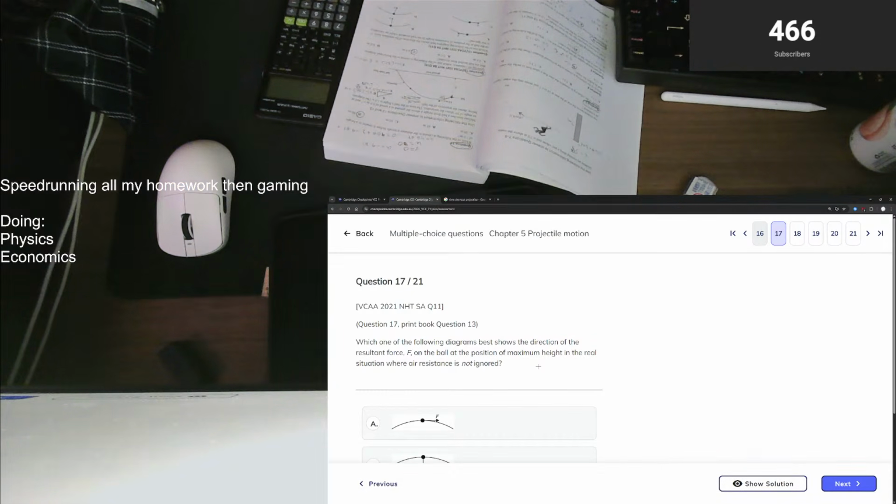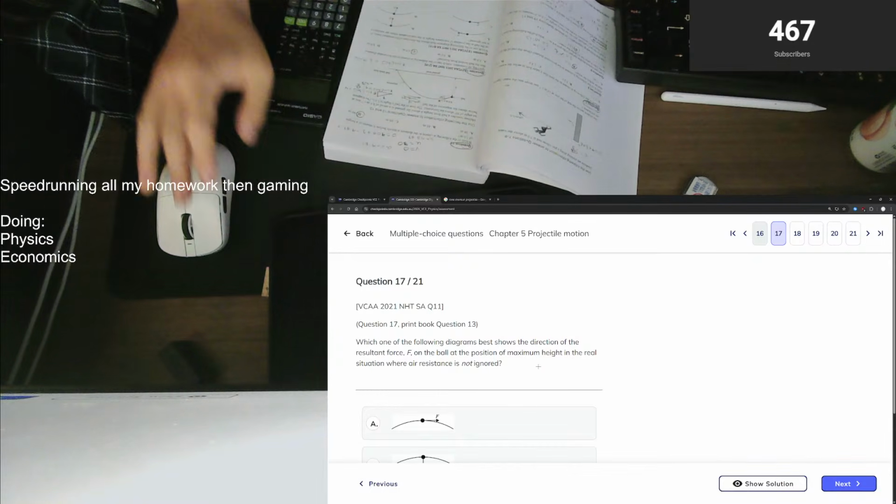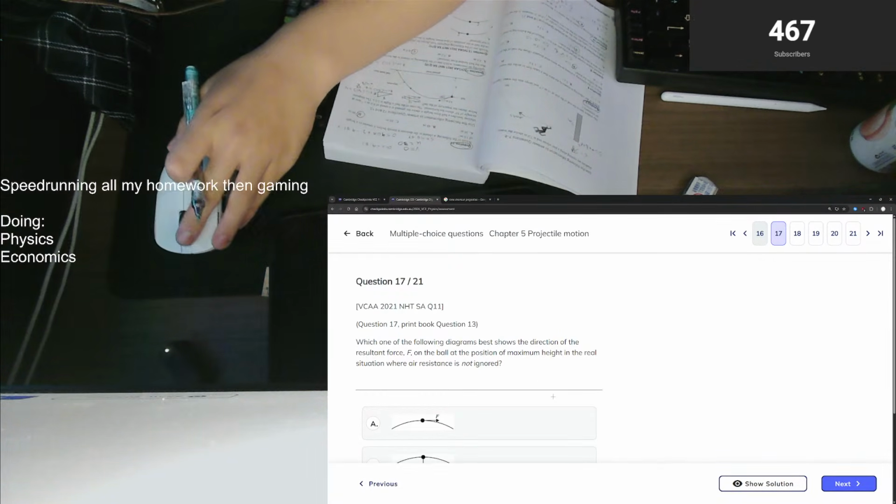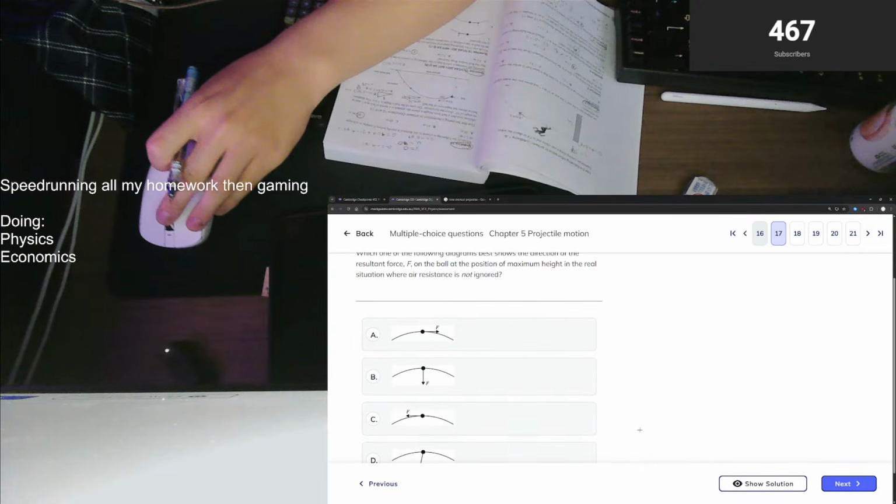Which one of the following diagrams best shows the direction of the resultant force F on the ball at the position of what air resistance is not known? Is this VC physics law?